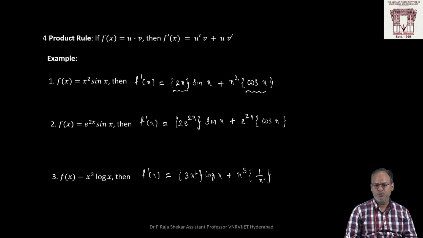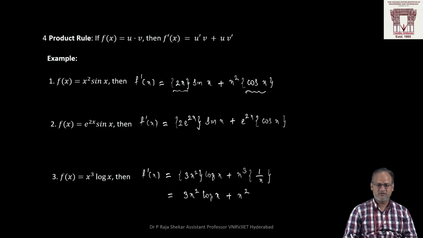Or you may also rewrite this as 3x square into log x plus x cube by x, nothing but x square. This is how we can find the derivative of a product. What do we call this? We call this the product rule.